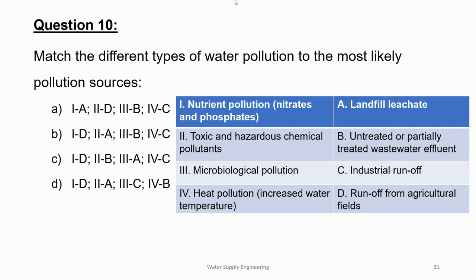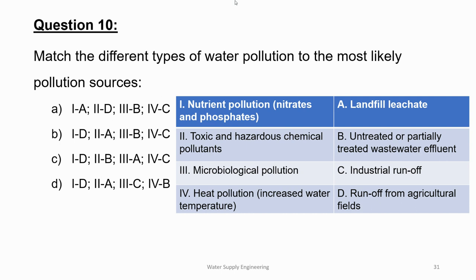And in the second column we have A. Landfill leachate, B. Untreated or partially treated wastewater effluent, C. Industrial runoff, D. Runoff from agricultural field. So, which particular pollutant is coming from which source? We have to match accordingly.